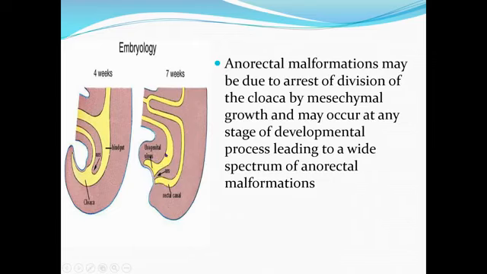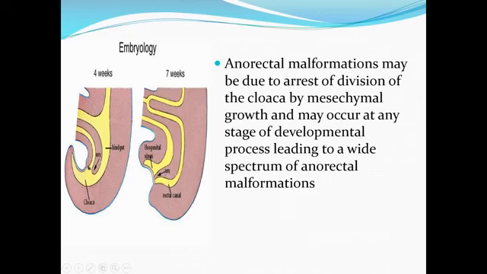So in 7 weeks of intrauterine life, the cloaca should be separated into two divisions: the urogenital sinus and the most caudal division from where the rectum and anal canal develop.